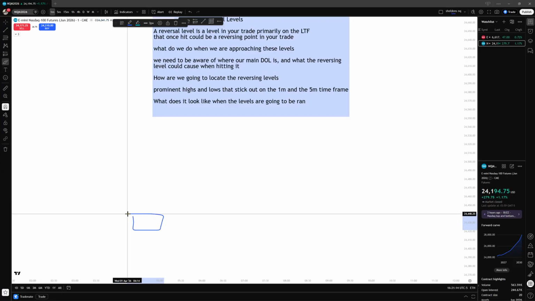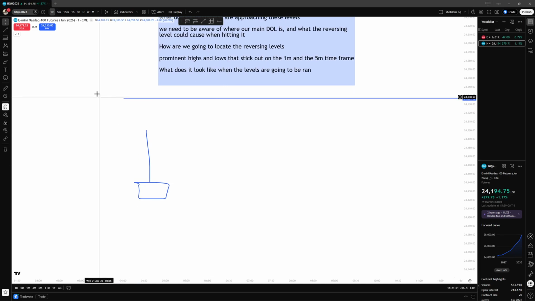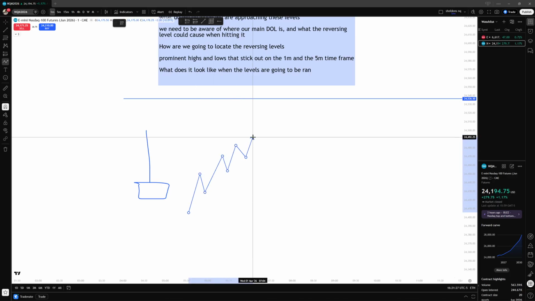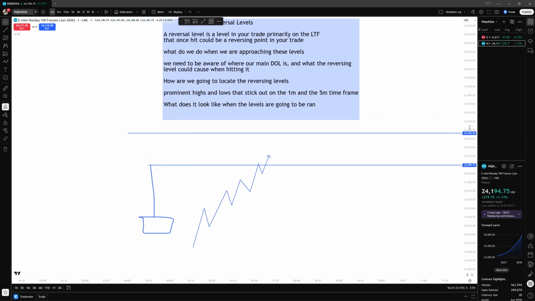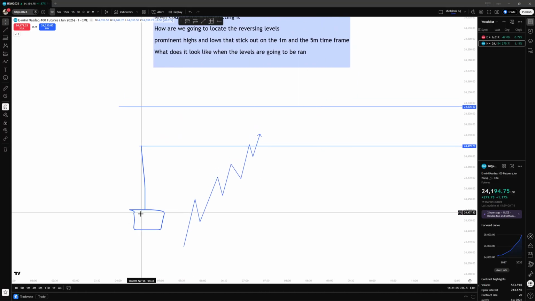Okay, so we're going to draw this little bearish candle again. Let's say we have a draw right here. We're going to do our little trend. Boom, boom, boom. So if we have a reversal level and we take the level that you guys have marked out or found, obviously sometimes there's not going to be these levels at all.